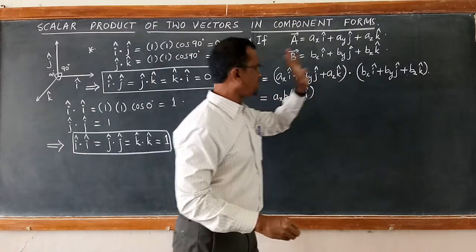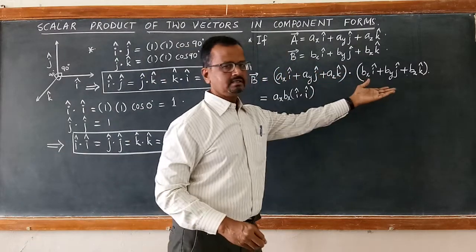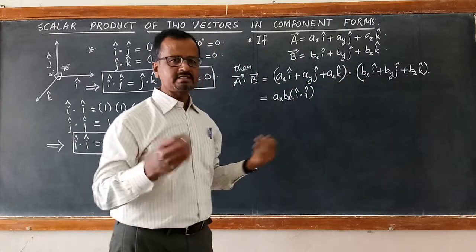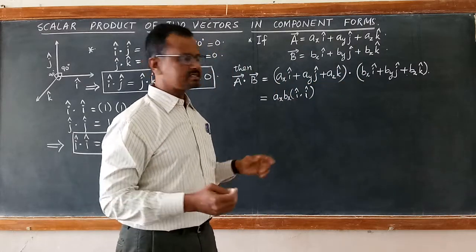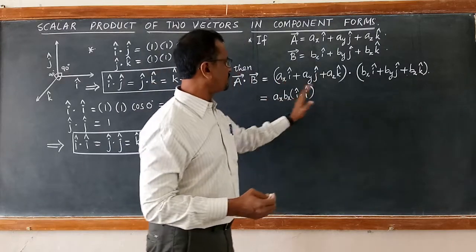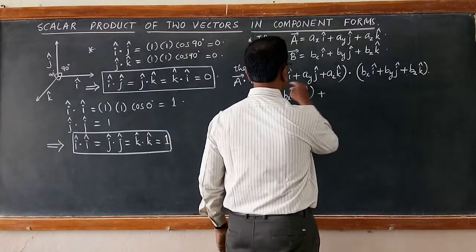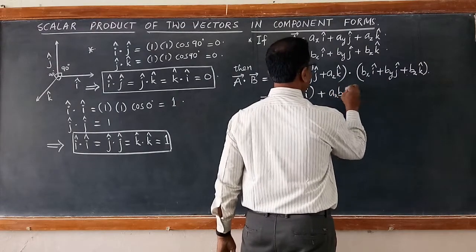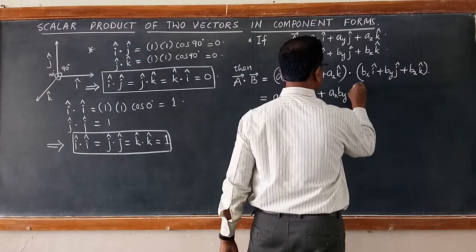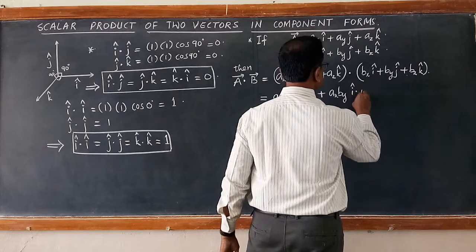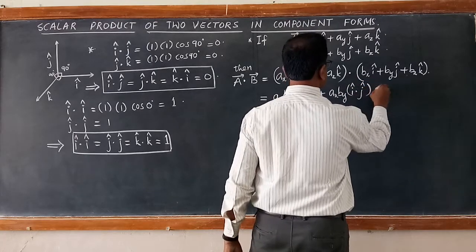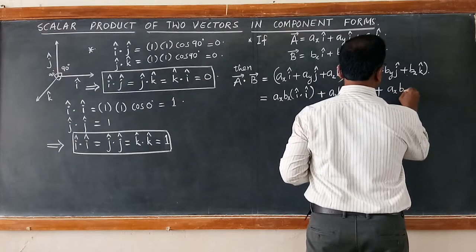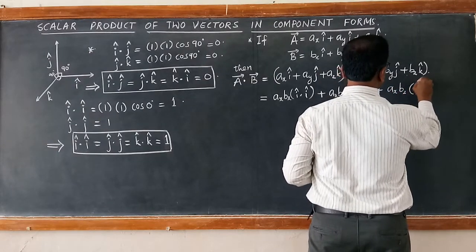AX and BX are scalars, so directly we can multiply AX into BX. They are just like numbers, coefficients. AX BX i dot i plus AX BY i dot j plus AX BZ i dot k.